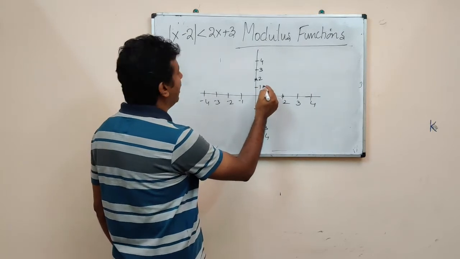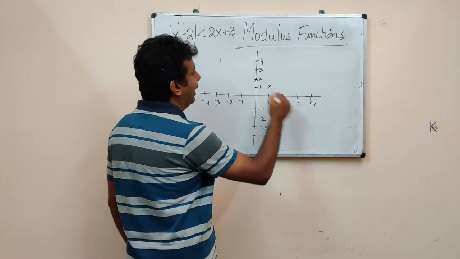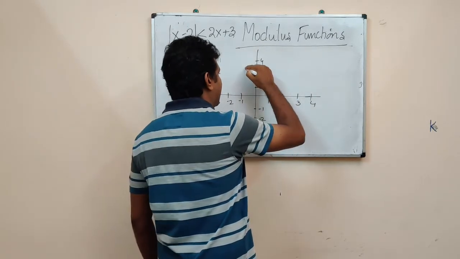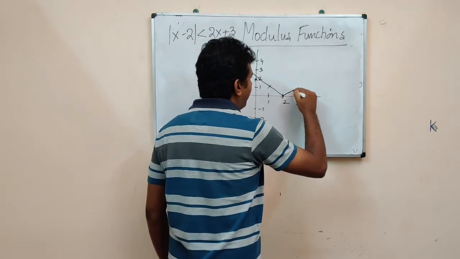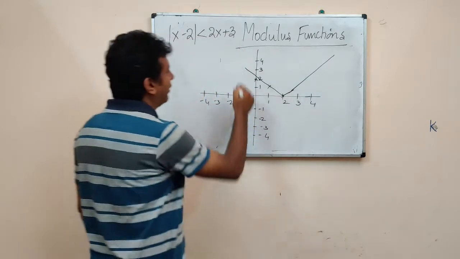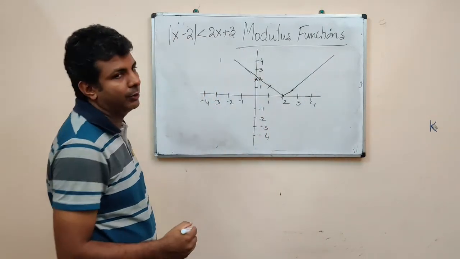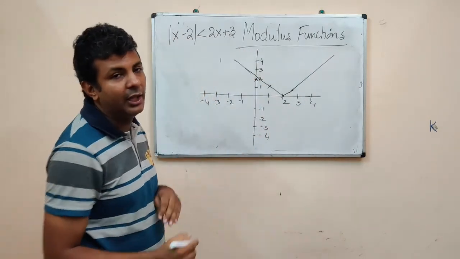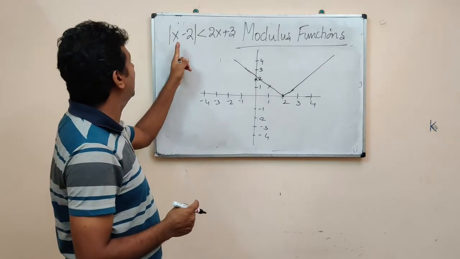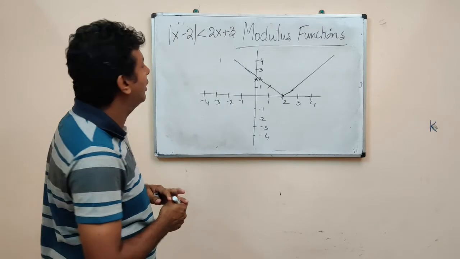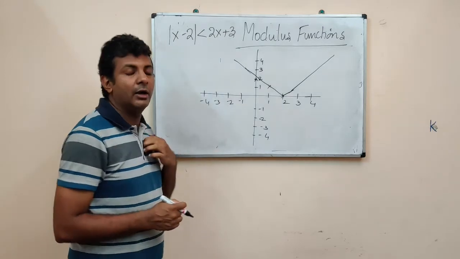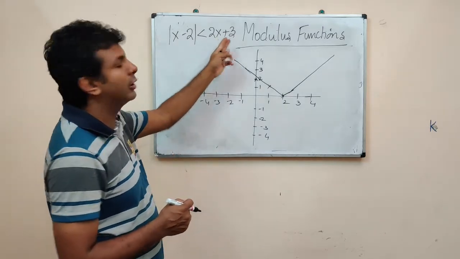X equal to 1, this is again 1, and therefore you will get that same V function with a focal point on 2 here. So we have drawn the graph for the function of mod x minus 2. Now we'll draw the line for 2x plus 3.